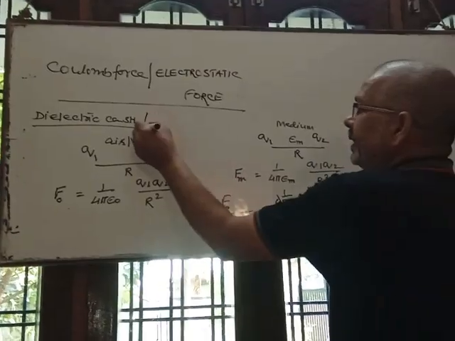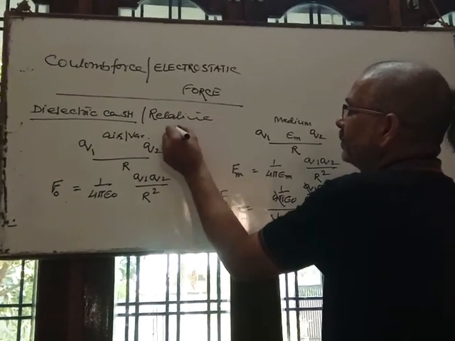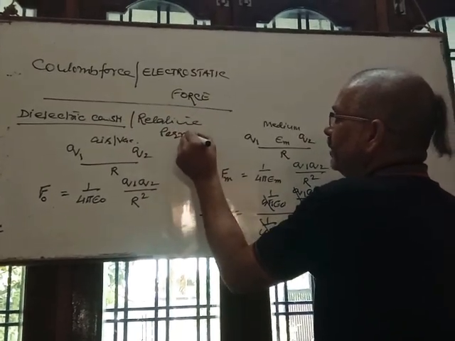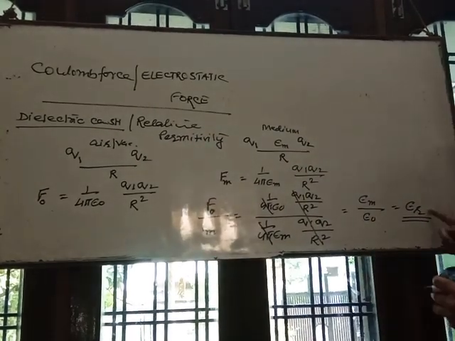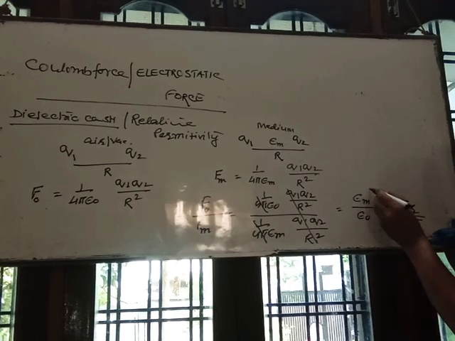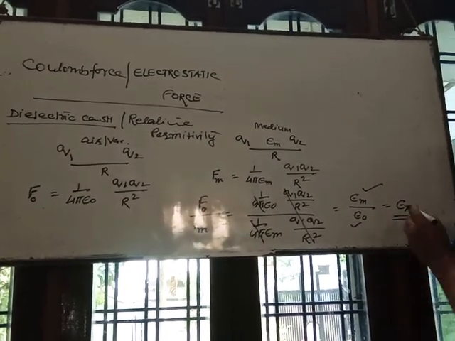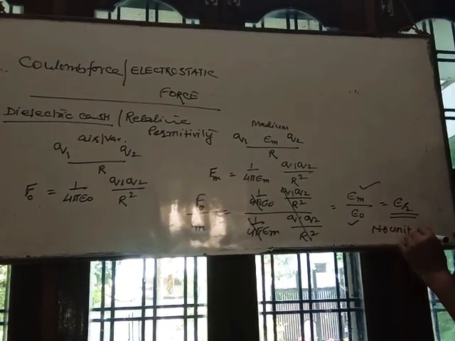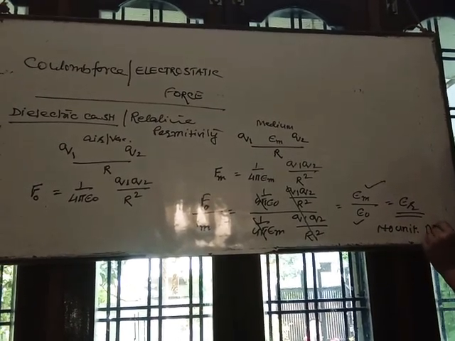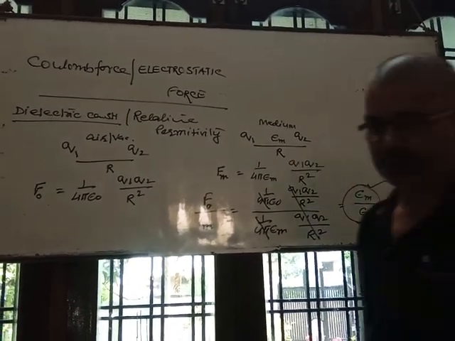It means relative permittivity is the ratio of the permittivity of the given medium to the absolute permittivity, and it has no unit and no dimension, because it is the ratio of two similar quantities.